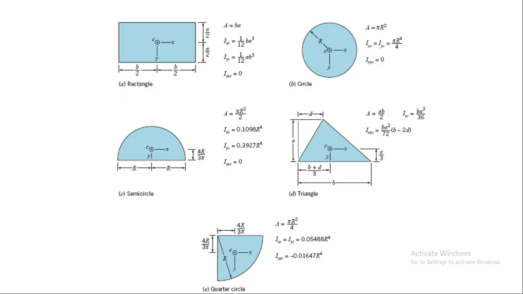Pi r power 4 upon 4, which comes up to 3.14 multiplied by r, which is equal to d divided by 2, and d is equal to 1.8288 divided by 2 and whole power of 4, and this is divided by 4.